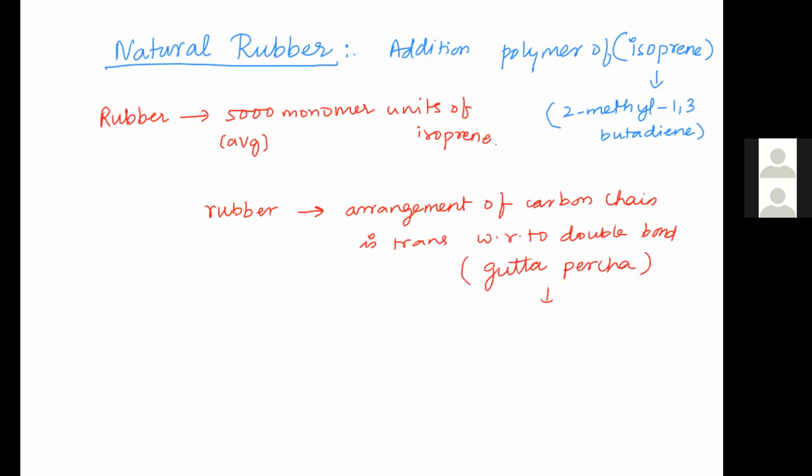This is the natural rubber. From where are you getting it? From barks of trees. You know natural rubber is a sticky material.